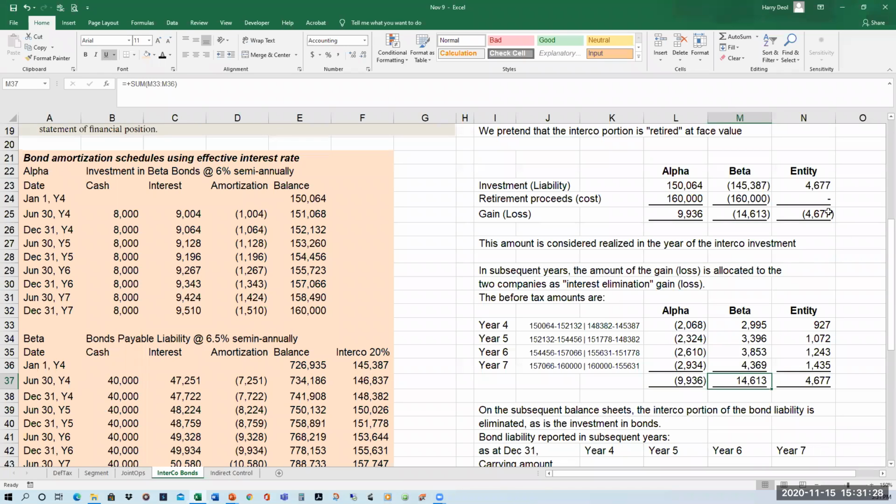Overall, the impact is that a loss to the entity that's recorded on Jan 1st, year four of 4,677 is wiped out in the form of interest elimination gains for the years 4 through 7.